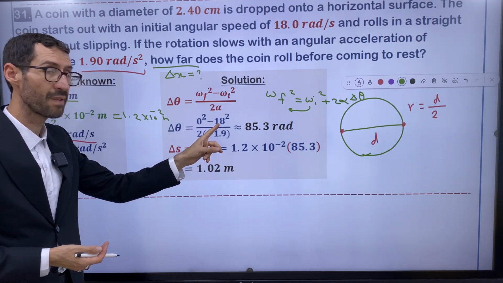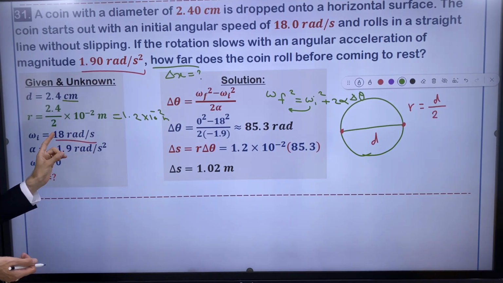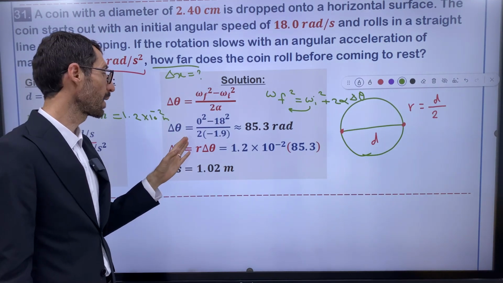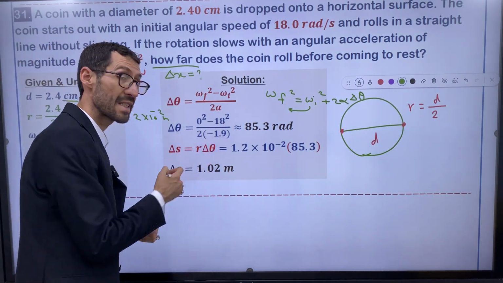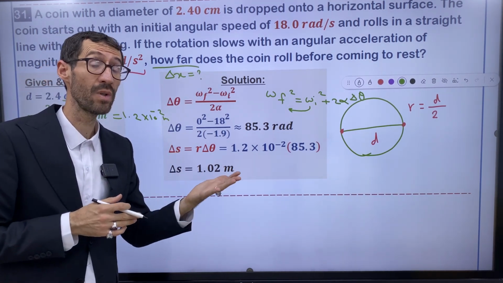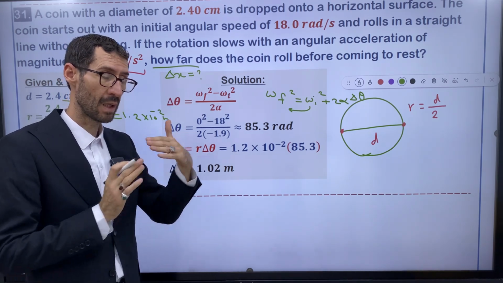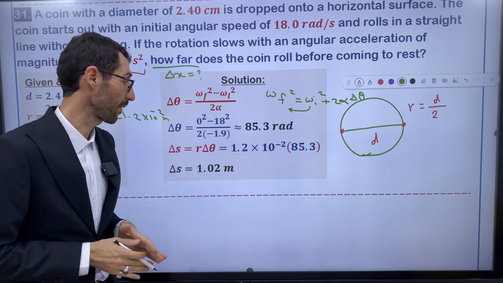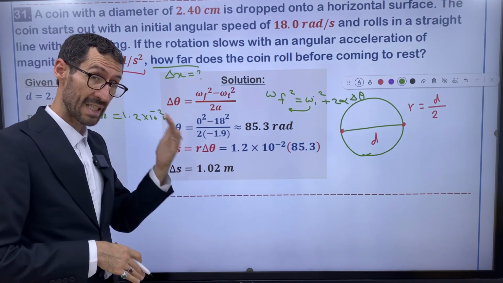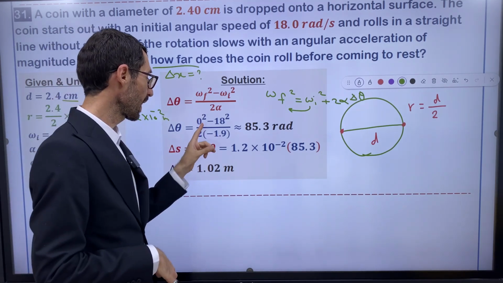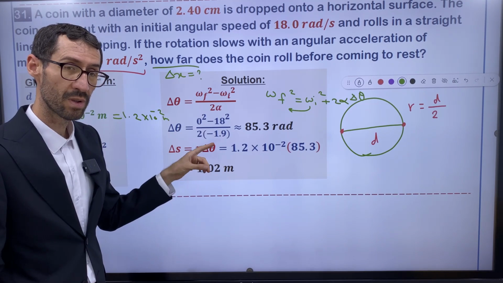Omega initial is given, 18 rad per second. You have to square it, divided by 2, and acceleration is negative. I told you, whenever you hear the words slows down, it means acceleration is negative. A slowing down case means negative acceleration. That's why negative cancels out negative.